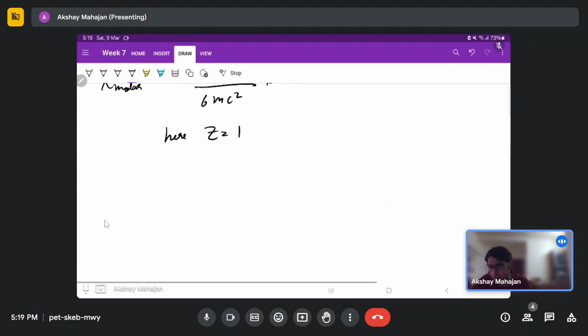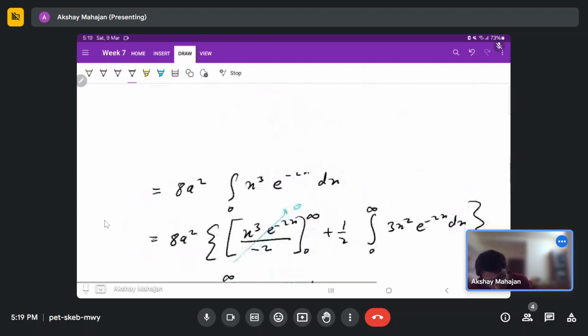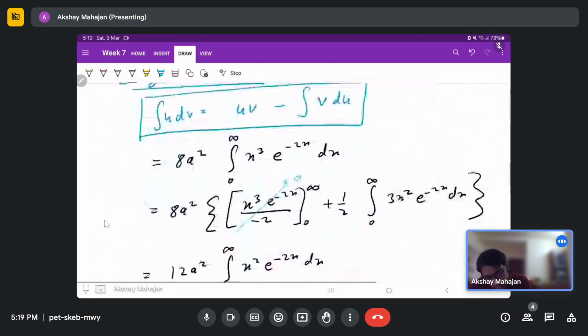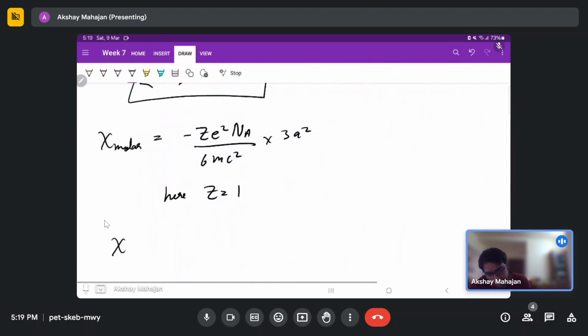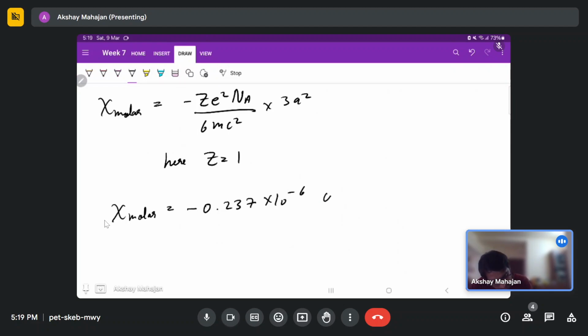So just put in those values, and we have already solved one problem, so you can take the values from there. Just take the values from one of the previous problems that we solved in today's session. If you put in the values, you will get minus 0.237 into 10 to the power minus 6 centimeter cube per mole.